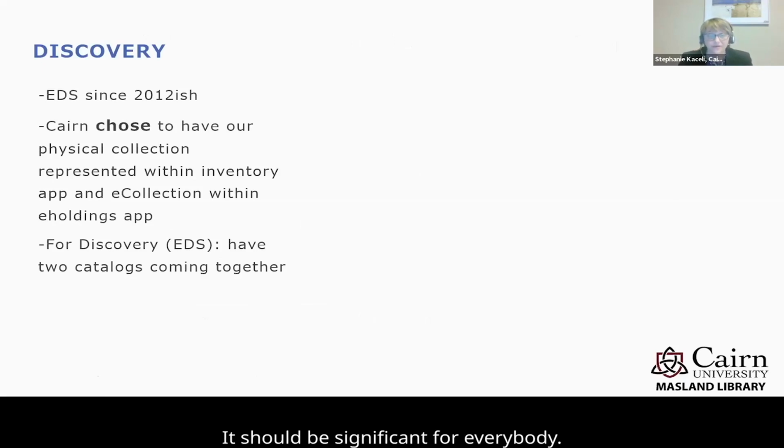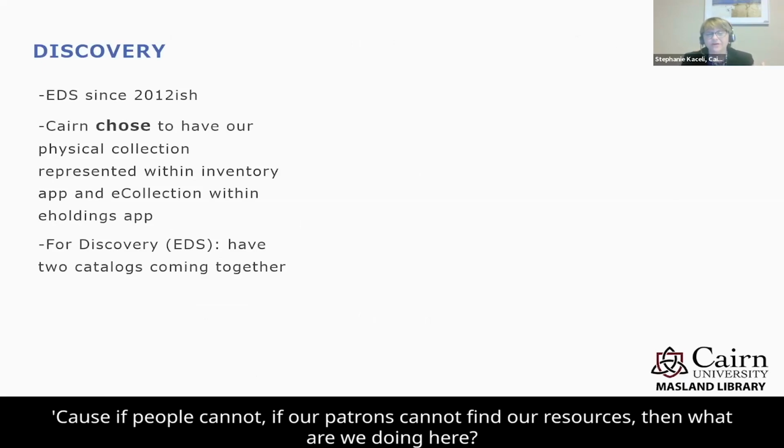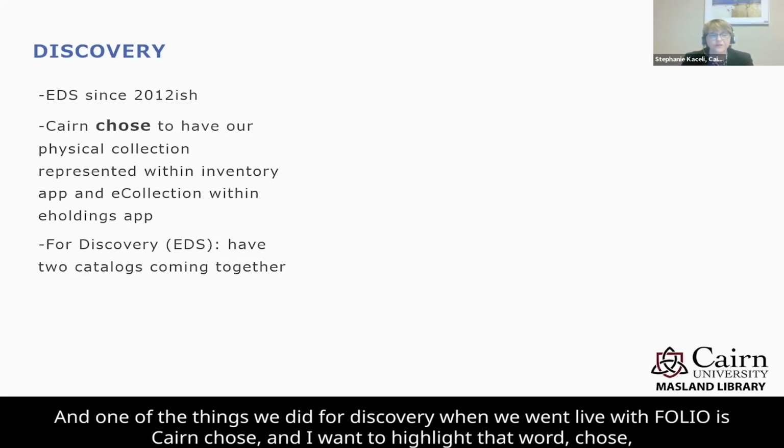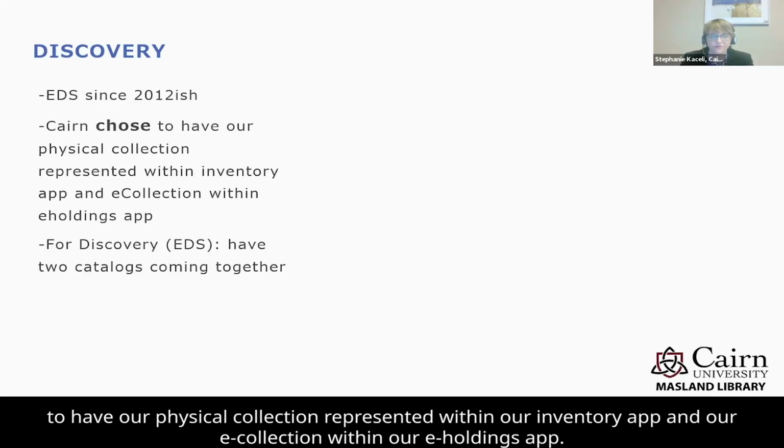It should be significant for everybody, because if our patrons cannot find our resources, then what are we doing here? And one of the things we did for discovery when we went live with Folio is Karen chose, and I want to highlight that word chose, to have our physical collection represented within our inventory app and our e-collection within our e-holdings app.